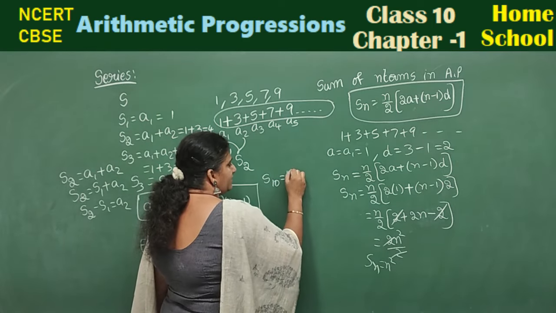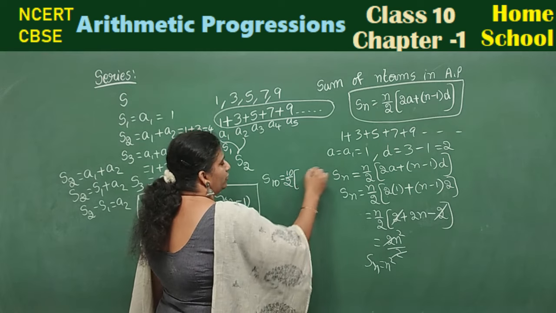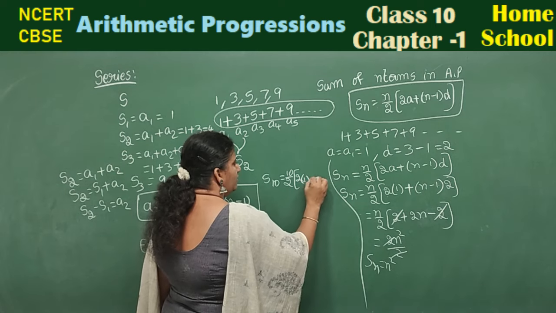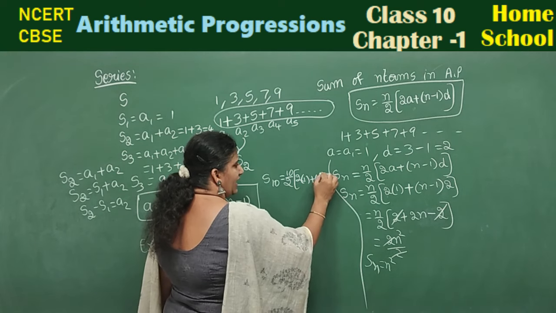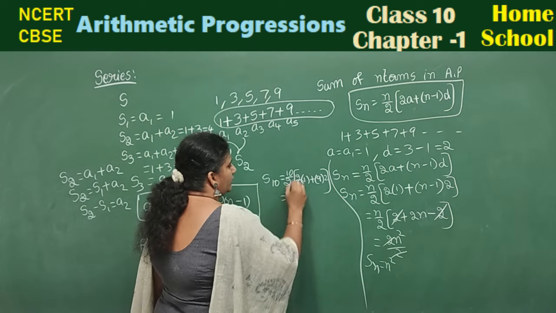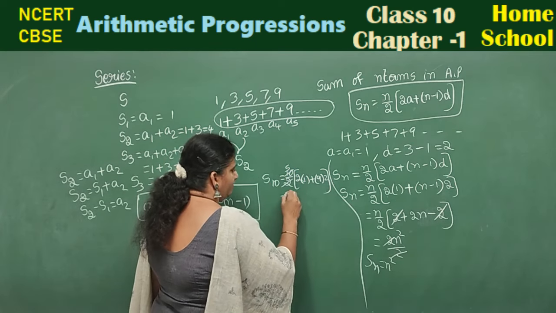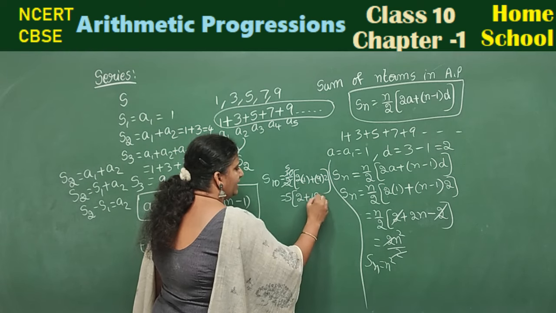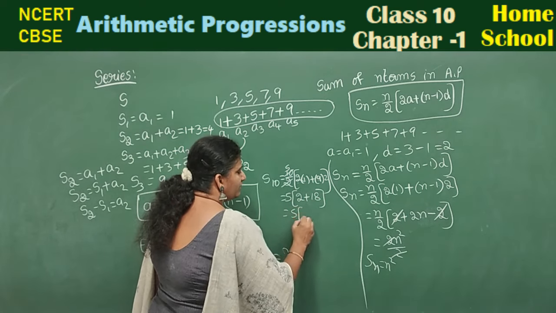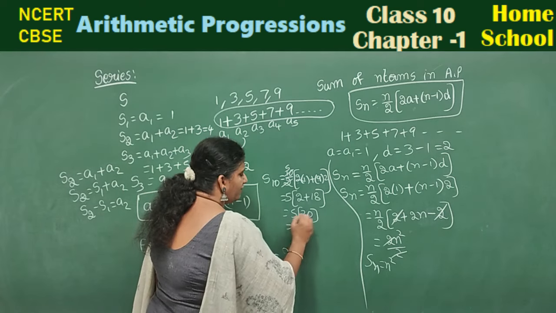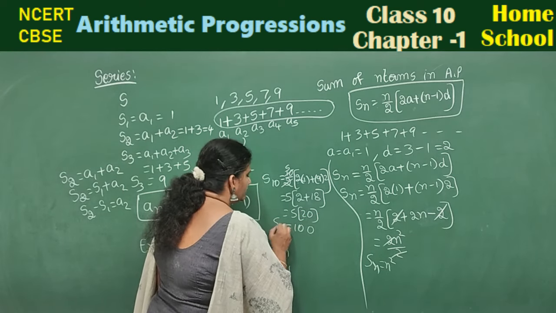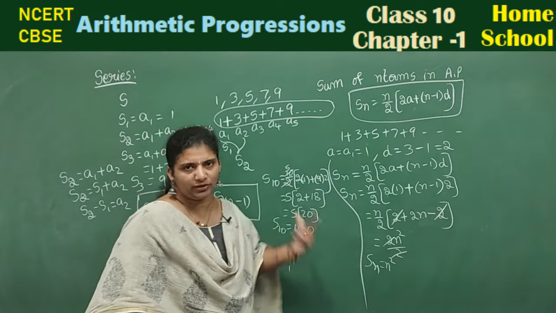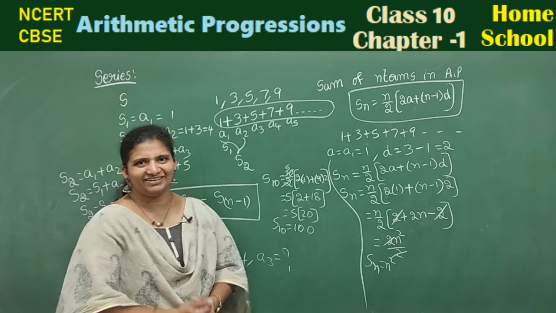Substitute 10 in place of n. 10 by 2 into (2 into 1 plus (10 minus 1) into 2). 10 by 2 will be 5. 5 into (2 plus 9 twos are 18). 18 plus 2 will be 20. 5 twenties are 100. So the sum of 10 terms in the given arithmetic progression is 100.